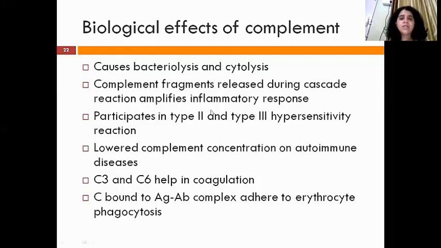This complement system also participates in type 2 and type 3 hypersensitivity reactions. In any autoimmune disease, the concentration of the complement system lowers. Then C3 and C6 also help in coagulation, and C bound to antigen-antibody complex adheres to erythrocytes.